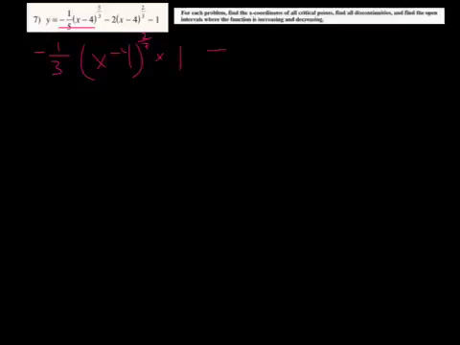And then that'd still be minus 4/3 times x minus 4 to the negative 1/3 times 1.